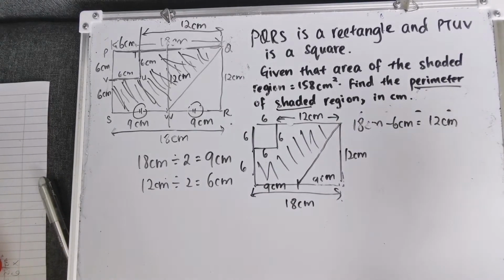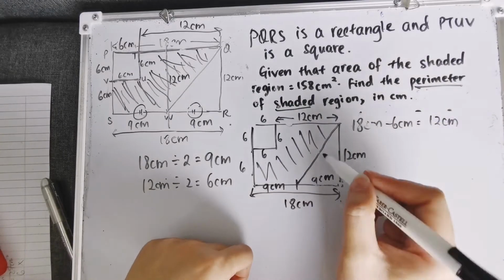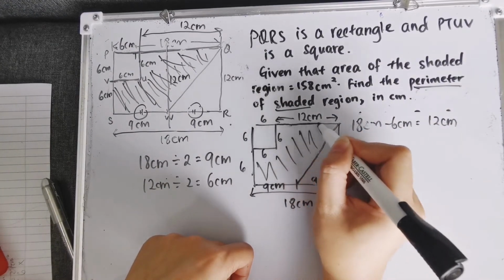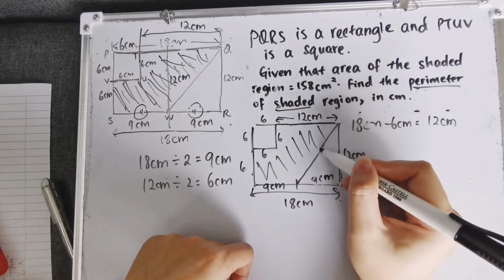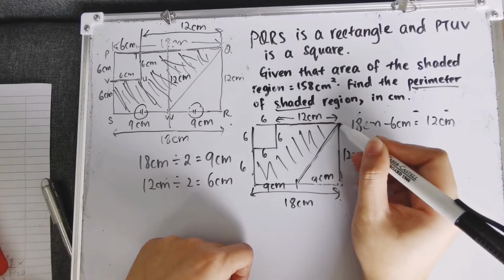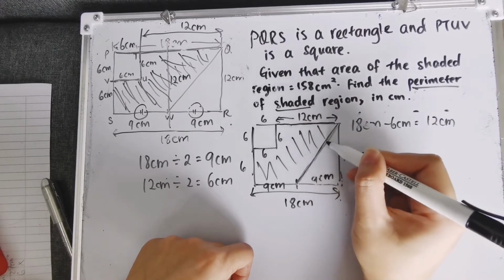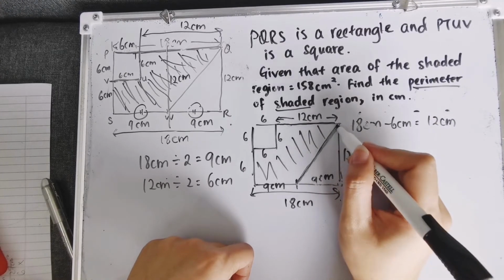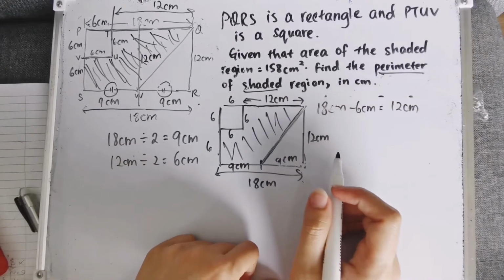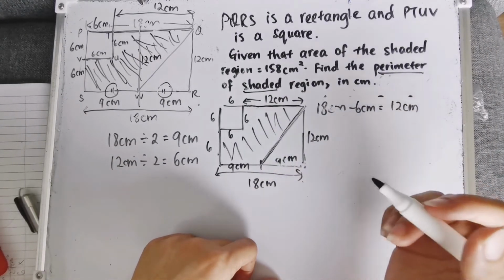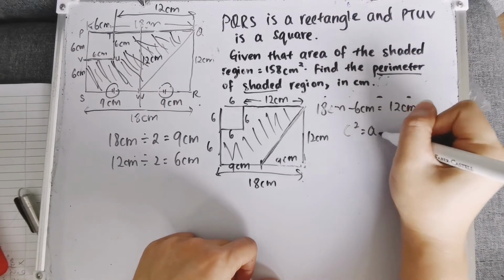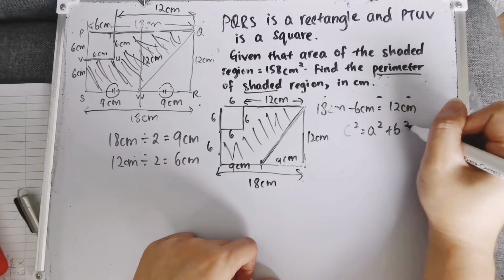Okay, so to find the perimeter, we have to add everything together. We have to plus 12 cm, we have to plus here. But the problem is we don't know how much is here. Okay, we don't know what the figure is for this slanted side. So we have to use the Pythagorean Theorem, which is c squared equals a squared plus b squared.